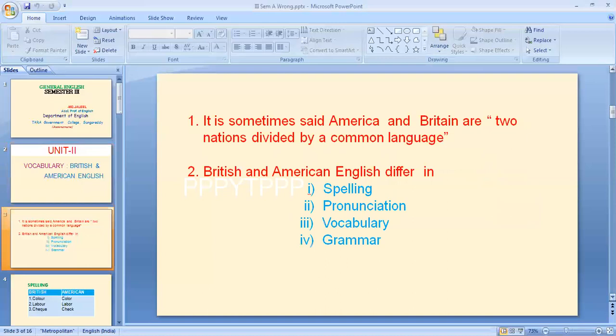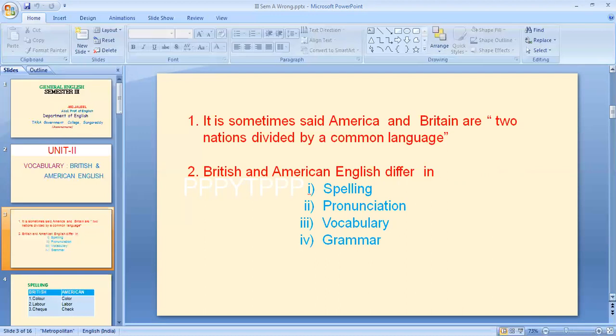we saw that there are considerable differences between British English and American English. Some people say that America and Britain are two nations divided by a common language. Of course, the language is the same, English, but there are some differences.